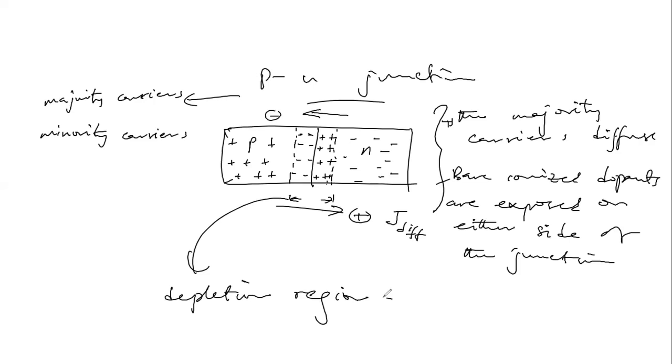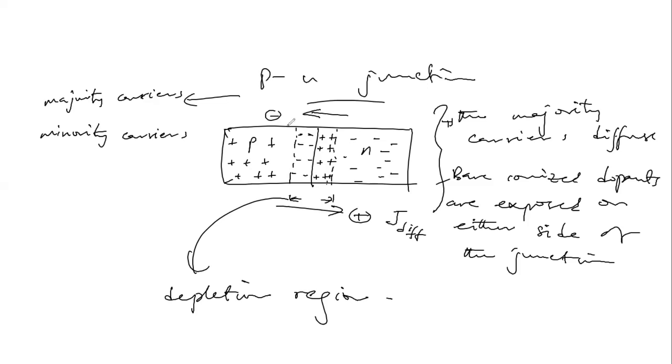And something I wanted to take note of at this point is that the process of diffusion will continue until the depletion region expands to a certain width, such that the electric field in that depletion region becomes large enough to repel the diffusing carriers.